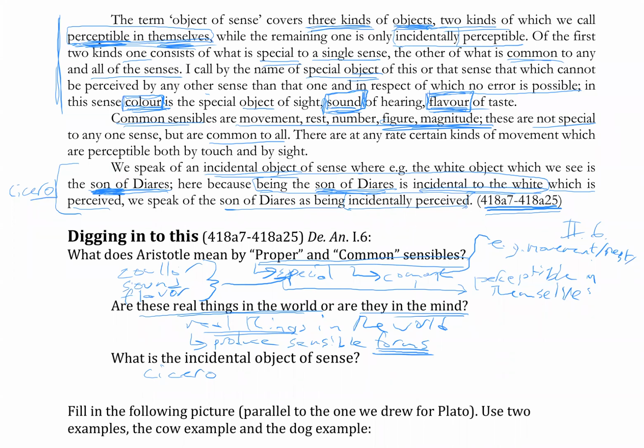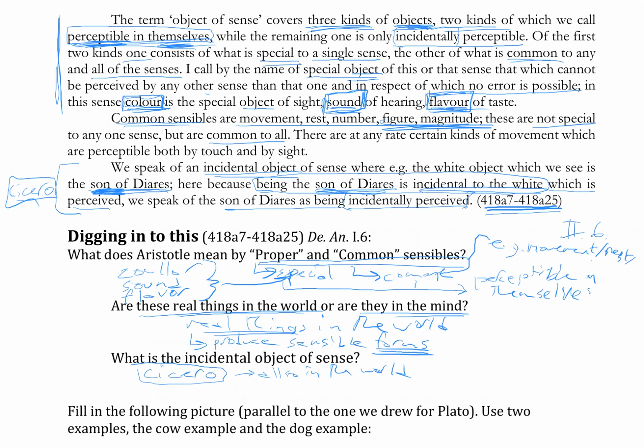It's just some guy. We'll call the son of Dares Cicero. And so also out in the world, but it's only incidental, right?